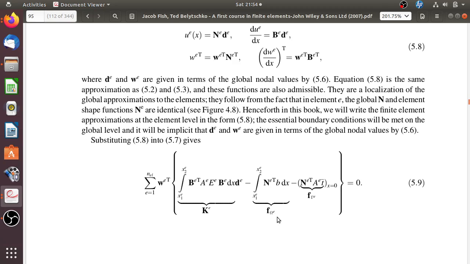Therefore this is also called the volume force, and then this is a vector which is known as the surface force. Fine. So so far it's fine, and we could calculate this for each element, but how to do this summation, right? That's what we will see next.